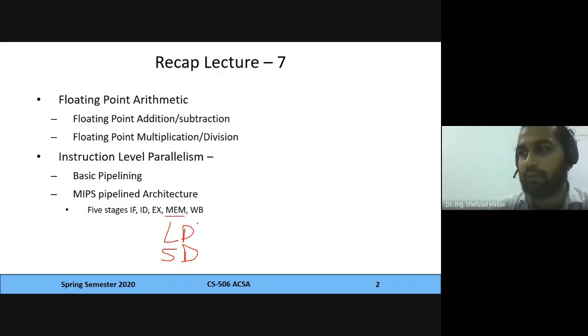But for all the other instructions, you have to store the result in some register, except store and branch instructions. What's important here is every instruction has to go through all these 5 stages. If the store does not need the last stage, it still has to go through that stage. If the add does not need the memory stage, it still has to go through the memory stage, right?